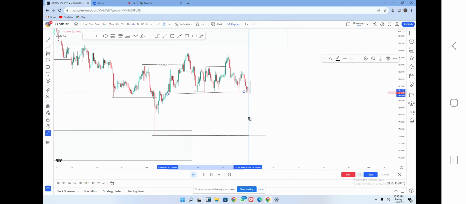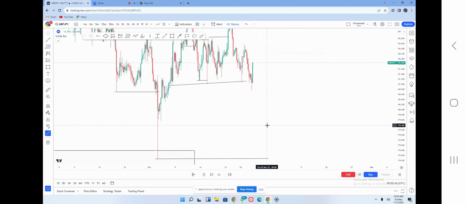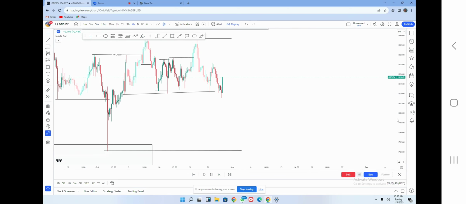Let me take the price back again. If you look at this, not everybody will see this, but let me just show you. The market came down, boom, one, moved back up. You see this inside bar, this small candle right here? That's the bullish candle, because all of these candles broke beneath their previous candle, but only this one did not break.